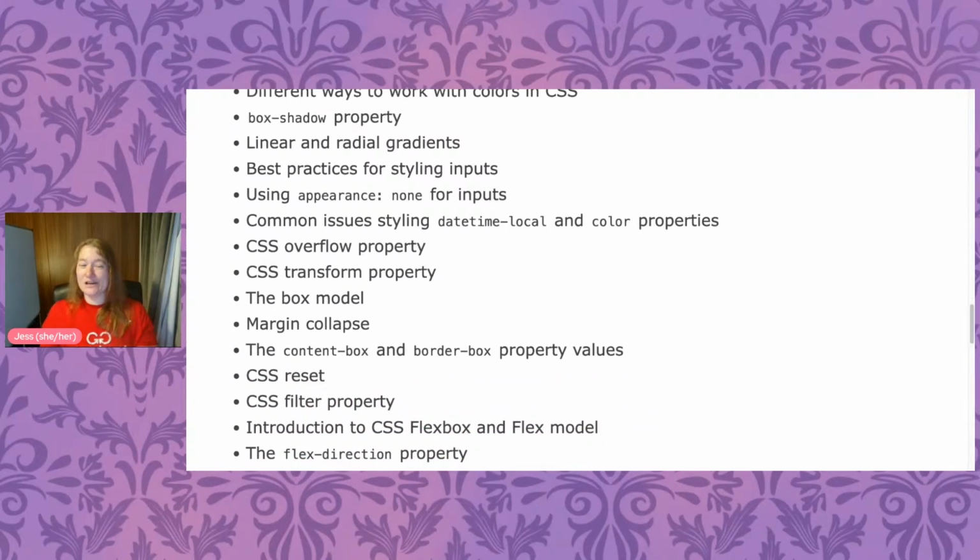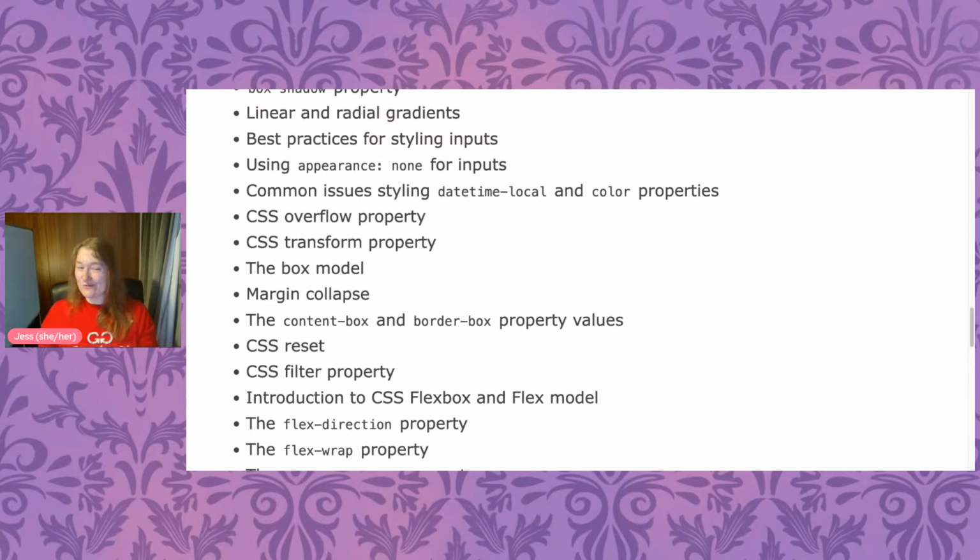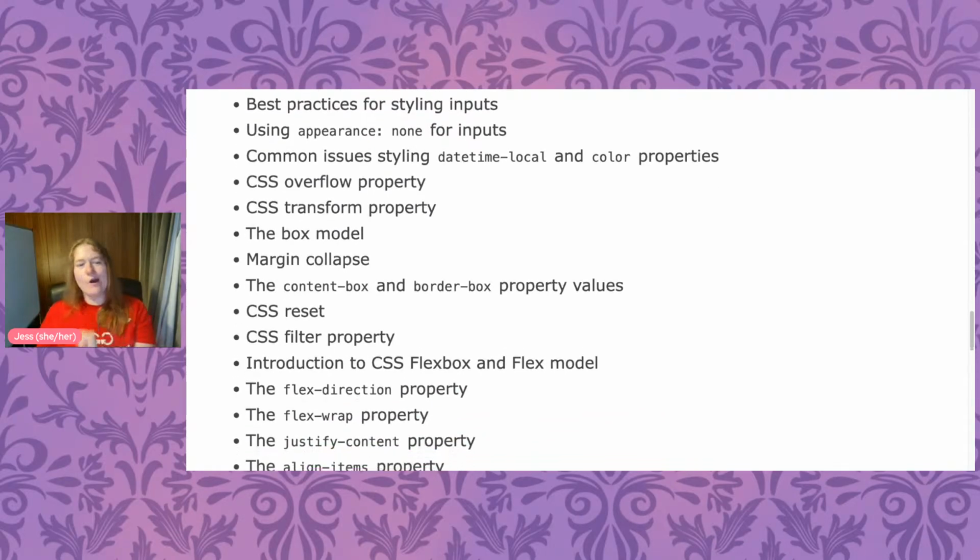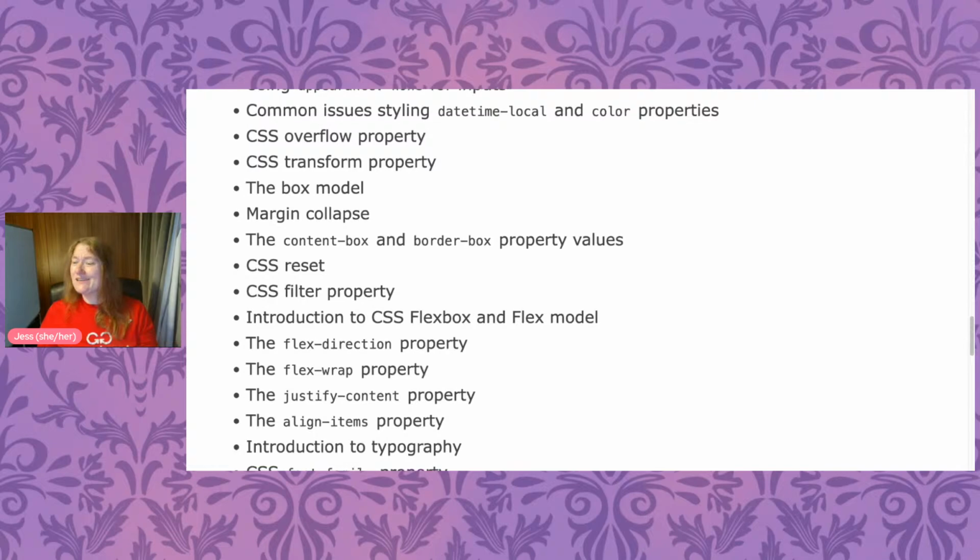We read about margin collapse, how to get rid of those default margins we sometimes have on our site from browsers. Content-box and border-box property values. CSS resets, CSS filters. And very, very mercifully, with Carmen, y'all learned about CSS Flexbox and the Flex model.